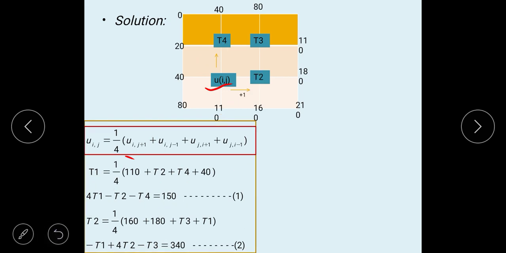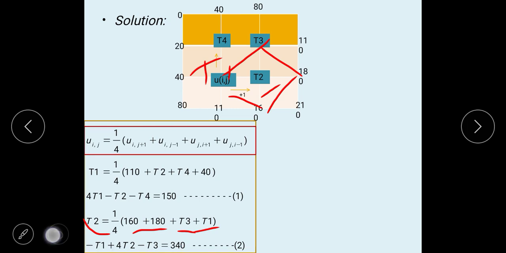Similarly, you can use the same technique for T2. We will get T2 equal to 1 by 4, 160 plus 180 plus T3 plus u of i comma j, that is nothing but T1, plus 160. After simplifying, you take 4 on the left side. So we will get 4T2 minus T3 minus T1 equal to 160 plus 180, that is 340.